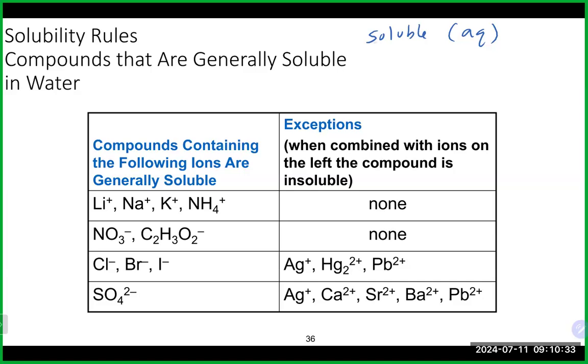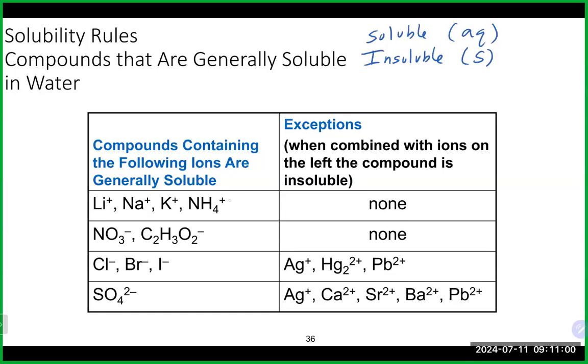Now, if you mix things together and you do get a solid that forms, that is what is known as being insoluble. And those are guys that get the solid symbol next to them. There are certain rules here which we see, and these are the general solubility rules for things in water. Anybody in group 1 on the periodic table and ammonium are always going to be soluble.